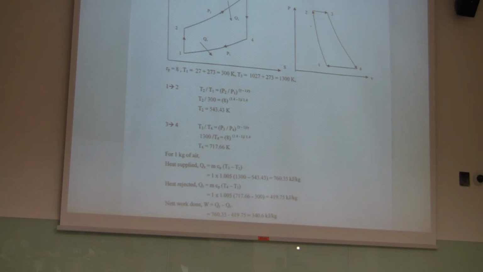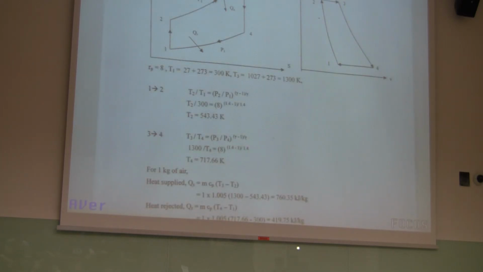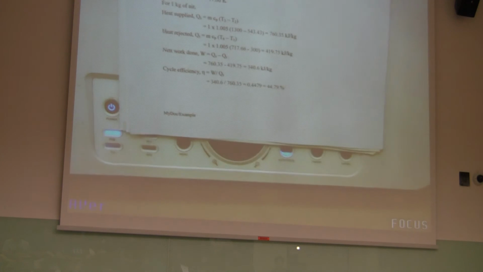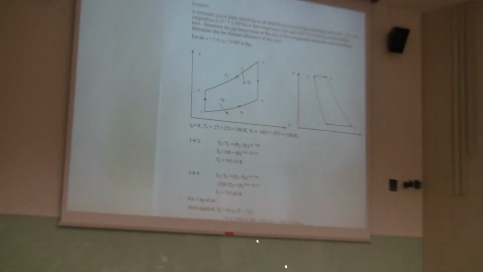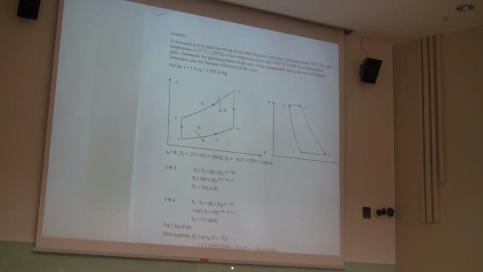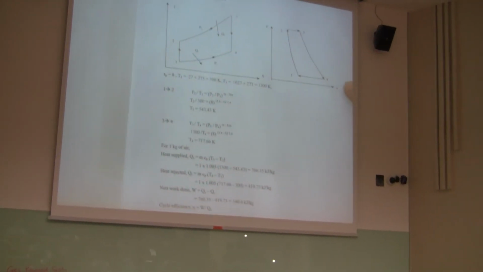Determine also the thermal efficiency of the cycle. Okay? So please, these are the terms that you must know. I think thermal efficiency, I've gone through the definition of how it is. Net work over what? Net work over... now I think the question you don't need because the question is there.